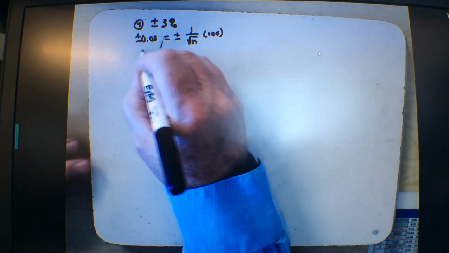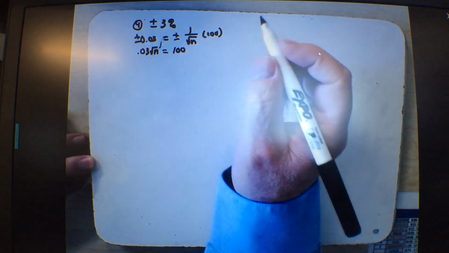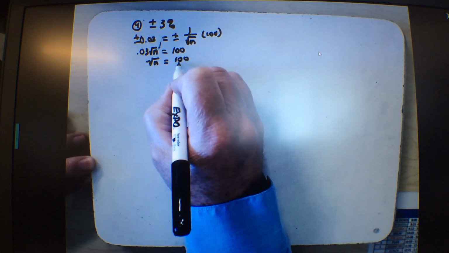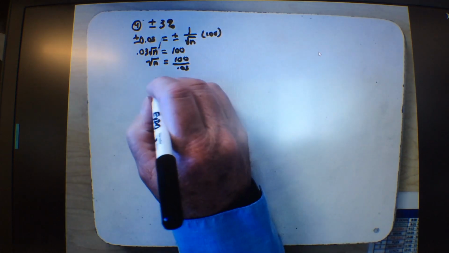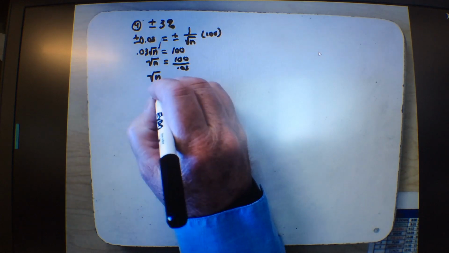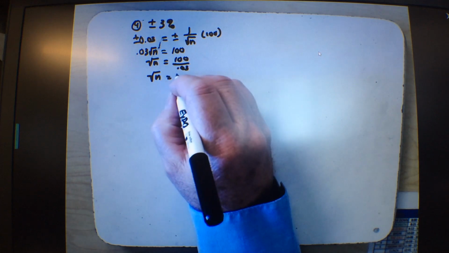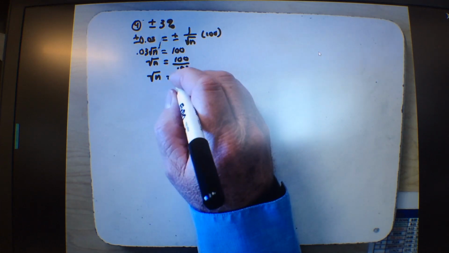So I'm going to take 0.03 times the square root of n, and that equals 100, correct? So to find the square root of n, we're going to take 100 divided by 0.03. What do you get? 3,000? Yep.